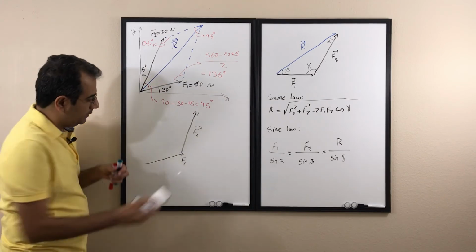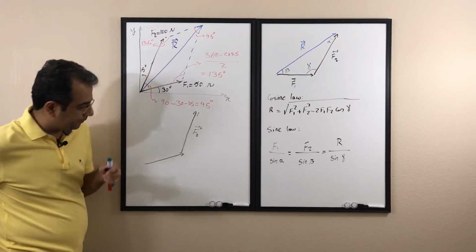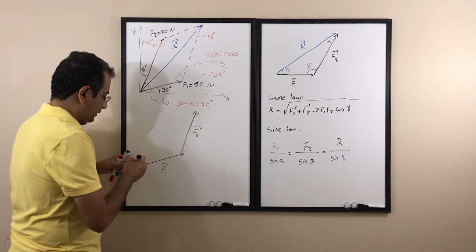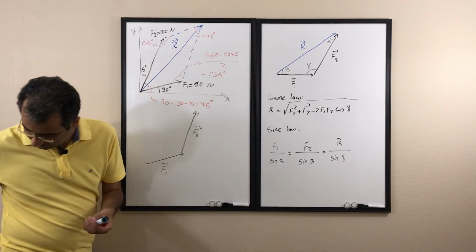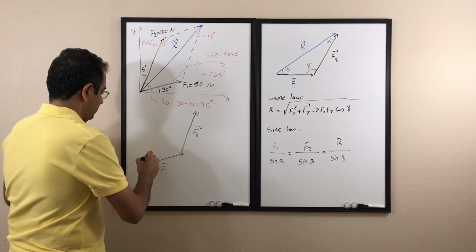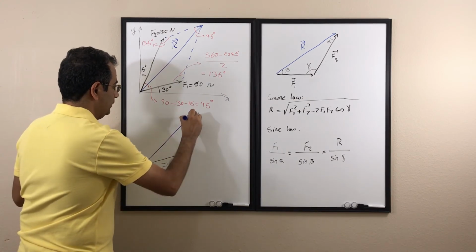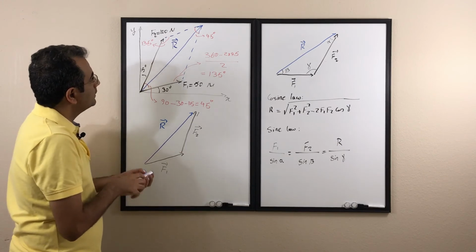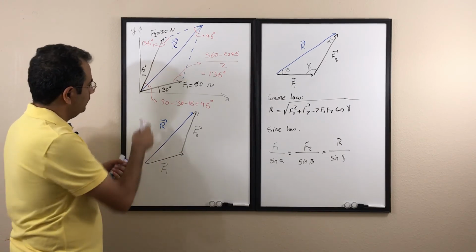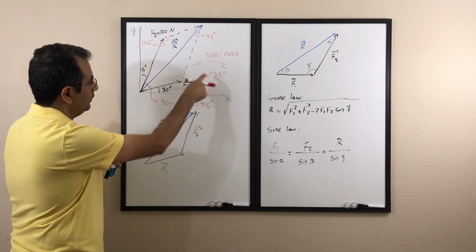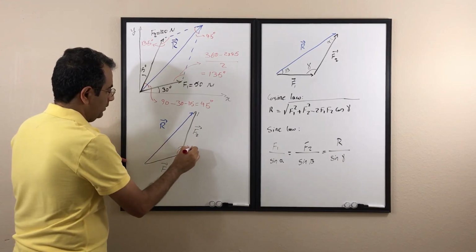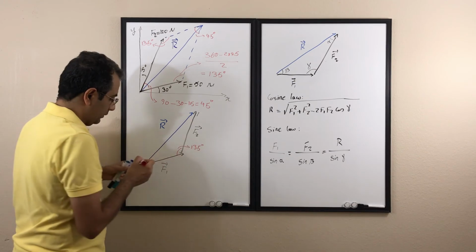Let's write the F1 here so it's a bit more clear. F1, and then I have R going from here to here, and through the angle we have here, we know that angle is 135 degrees. That's what we know.